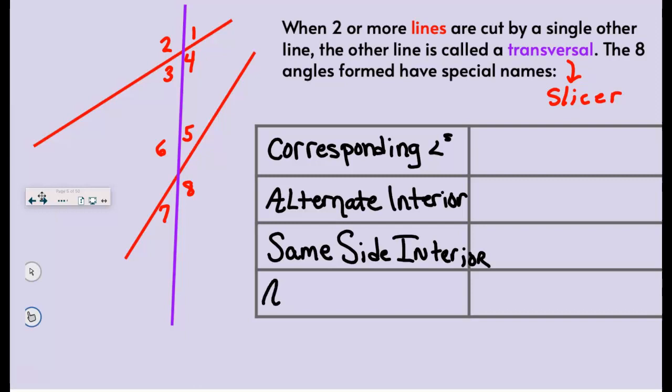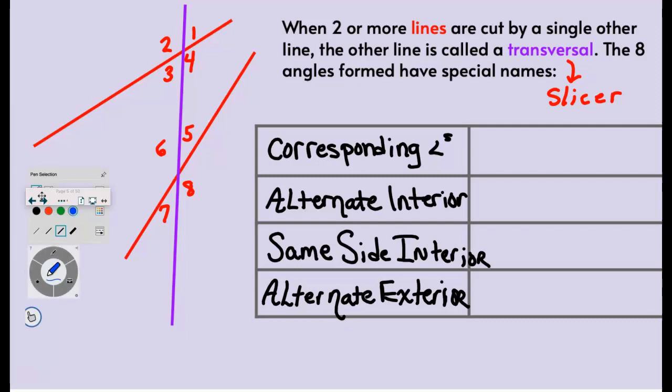And then last, we also have what's called alternate exterior angles. And for now, you just need to locate them. Once tomorrow, we're going to force those red lines to turn parallel, and then there's going to be some math that goes with them.